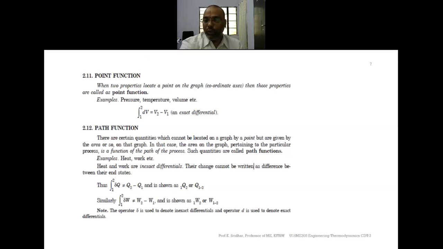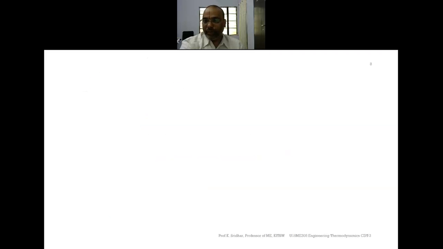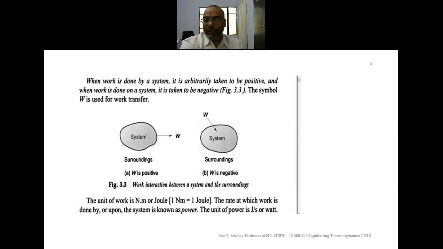So you can comfortably write dV equals V2 minus V1, because point functions are not dependent on the path. Whatever path you follow, these parameters will not be affected. They depend only on the initial and final states of the system. So that is the difference between heat transfer and work transfer.